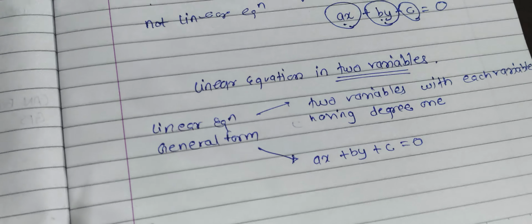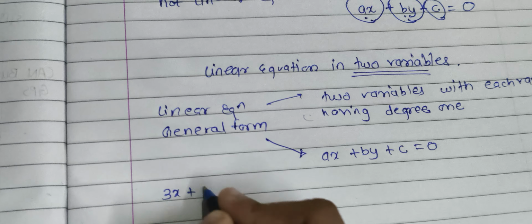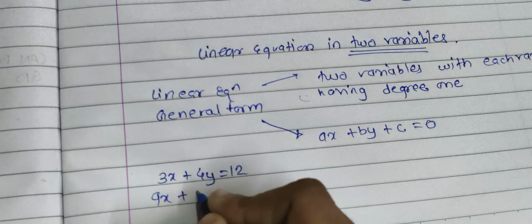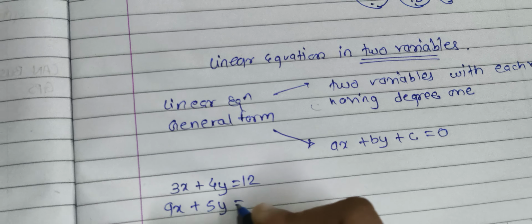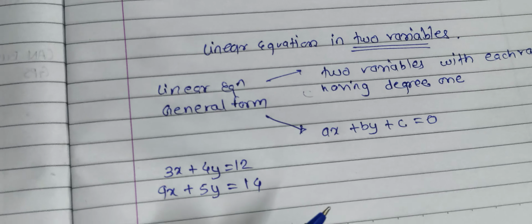A few examples of linear equations are 3x plus 4y equal to 12 and 9x plus 5y equal to 14.